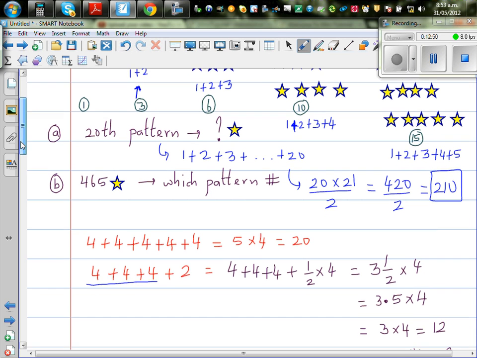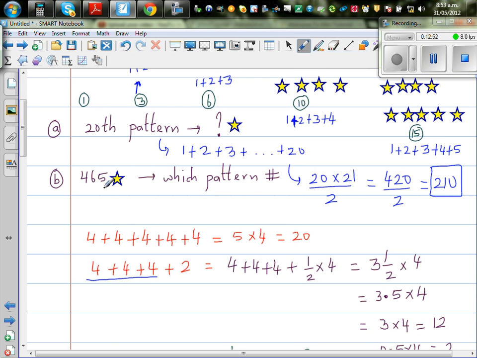Now the last question is, if you have 465, which pattern number should this be? This should also be the product of two consecutive numbers, and half of that. So let's do trial and error. Let us start at 10 times 11. It has to be over 20.